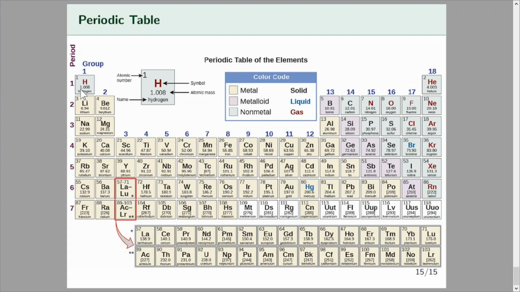And so this would be 2.016, twice that, plus 16, so it would be 18.016 would be the mass in grams of a mole of water molecules. 18.016 grams is about half an ounce of water, which is, I don't know, is that a tablespoon or 2? Maybe a tablespoon, something like that.